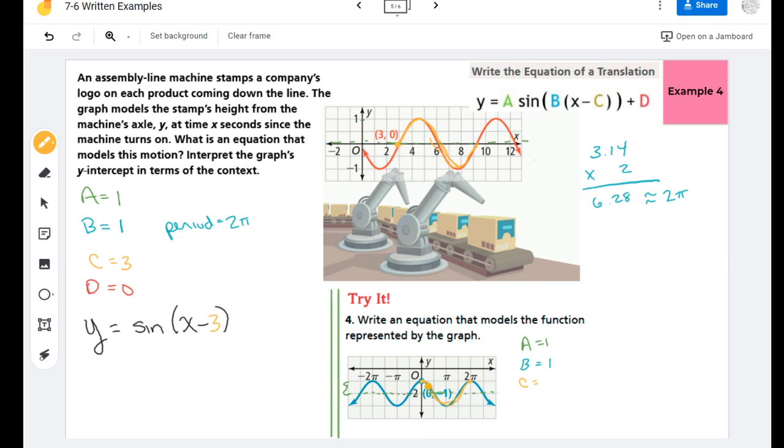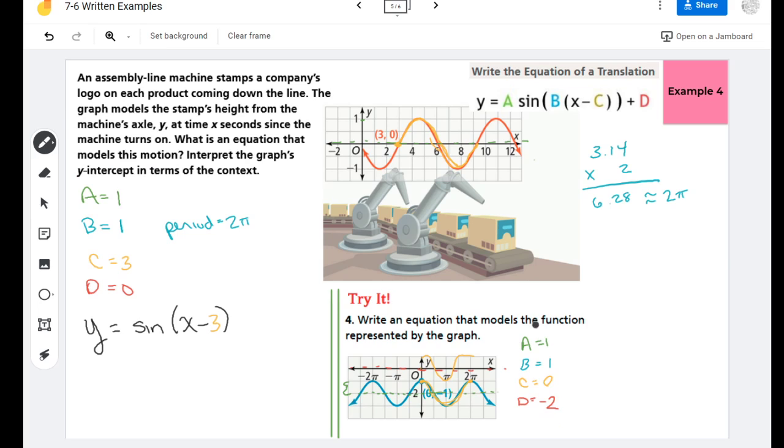That's a phase shift. This has not been moved left or right at all. It would just normally be here. So my C value here is 0. And then my D value is how much up or down it's been shifted. So instead of that midline being on the x-axis, it's down here at -2. So I put a -2 here to show that D value.